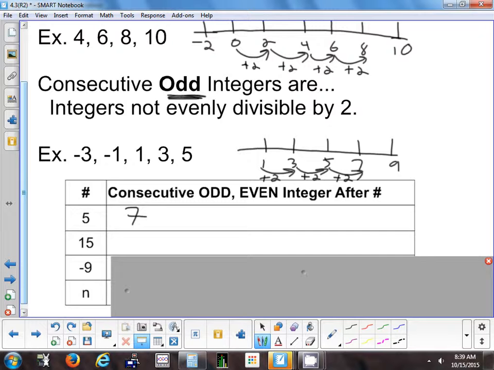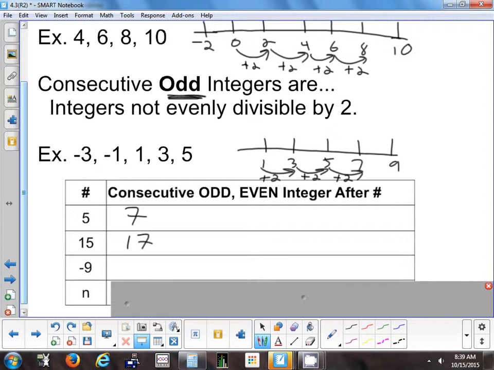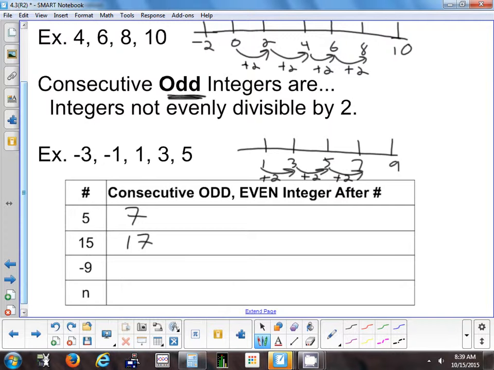Kevin? 17. How about after -9? -7. Good, -7. You guys are going the right way on the number line. That's good. All right, now the tricky one. What's the next consecutive odd number after n? Not just the consecutive, but consecutive odd.